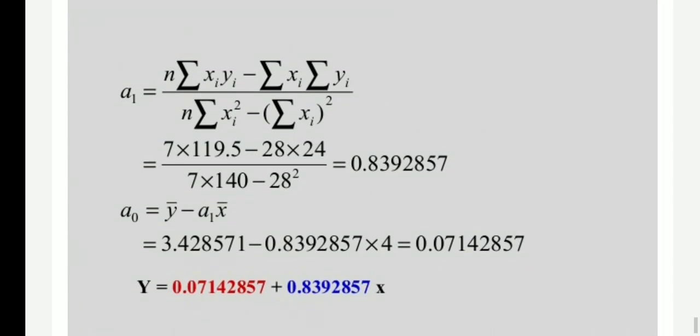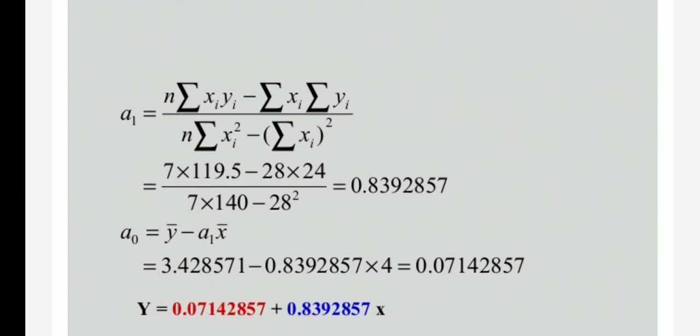So by applying this formula, you can compute the values of a and b. a1 equals n into sum of the product of x and y minus sum of x into sum of y, divided by n into sum of xi squared minus sum of xi the whole square.